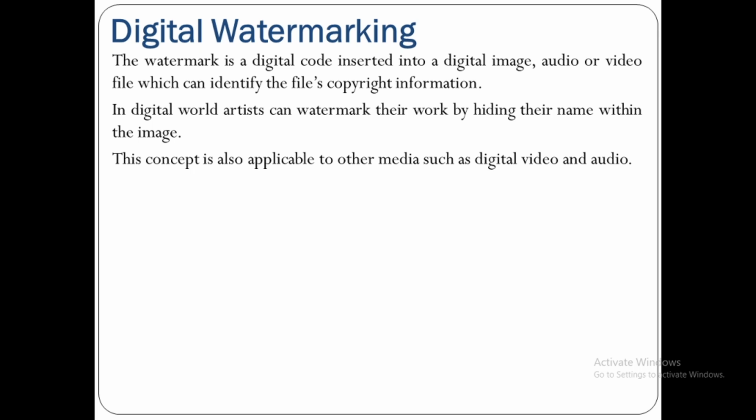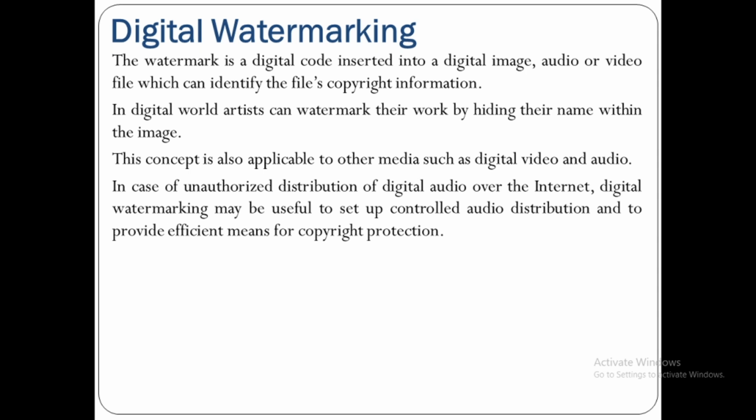A few years ago, they had started digital watermarking in movies. It means in the movie, the sign was there. Now, if someone copies the movie, then it can be easily identified from which theater it has been taken. So that is digital watermarking.